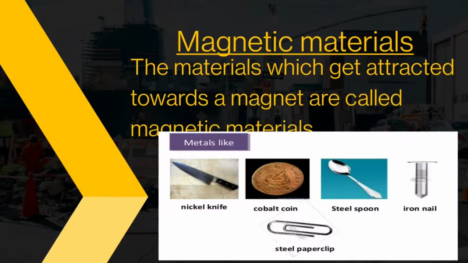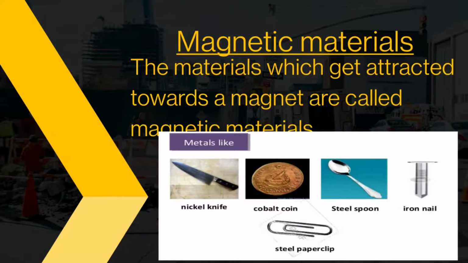So you know the property of a magnet. What is the property of a magnet? A magnet has the property of attracting iron towards it. Some materials have the property of being attracted towards the magnet. On the basis of that, I am going to tell you two types of materials: magnetic materials and non-magnetic materials.